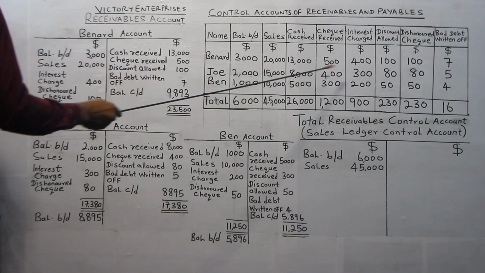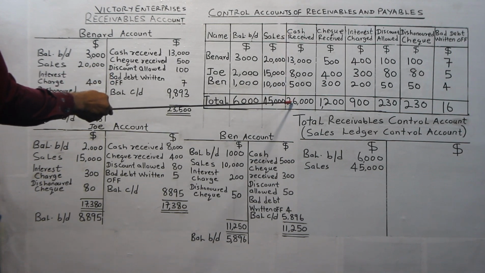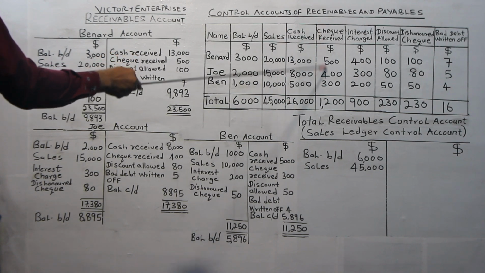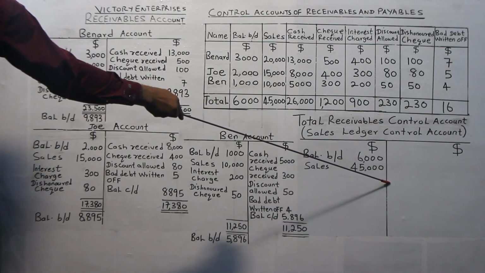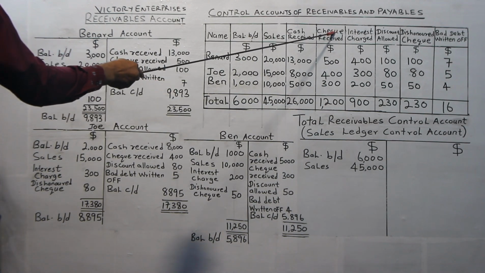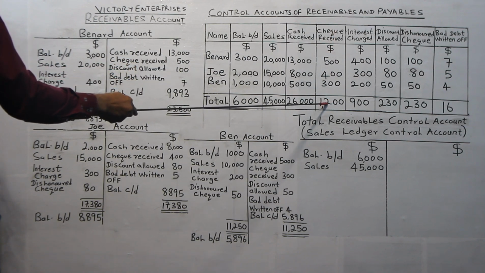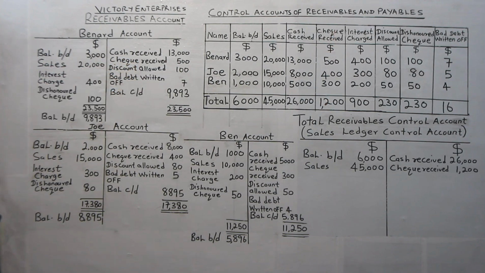Credited. So the total cash received is $26,000 and the total check received is $1,200. We credit these two transactions to this account, because even the check received reduces the amount receivables are owing. So we have credited the cash received of $26,000 and check received of $1,200.